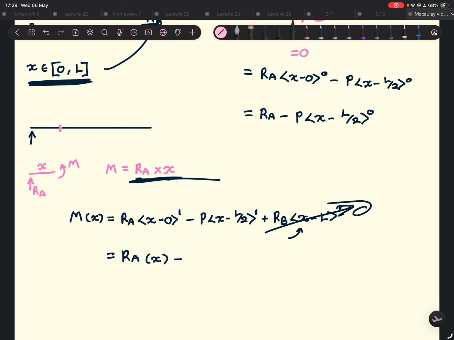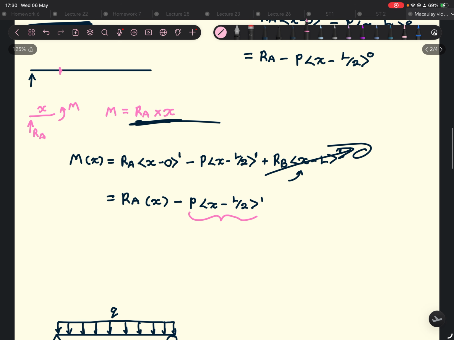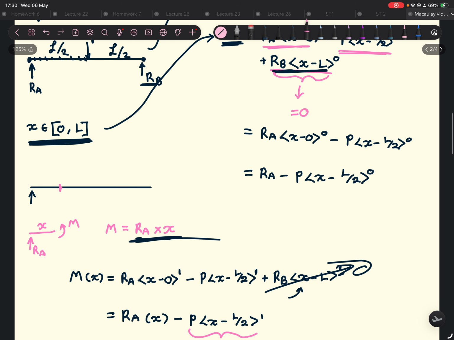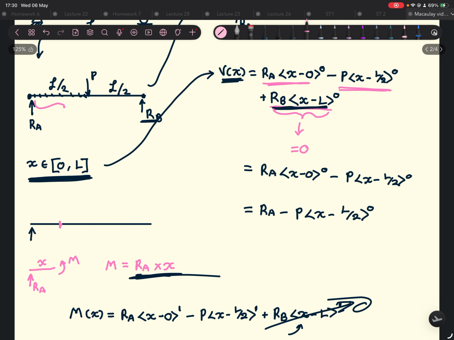And then minus P times x minus L over 2 to the power 1. Remember, you can't simplify that to just P times x, because P only starts at a distance L over 2.